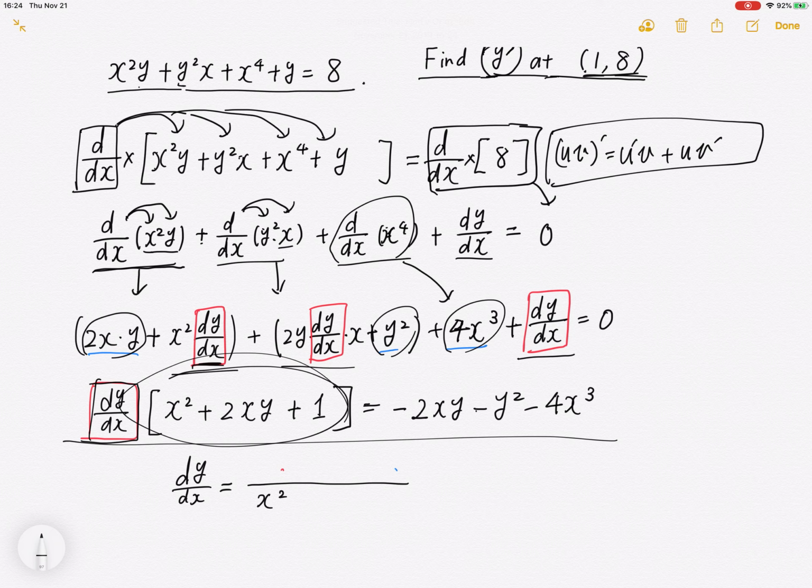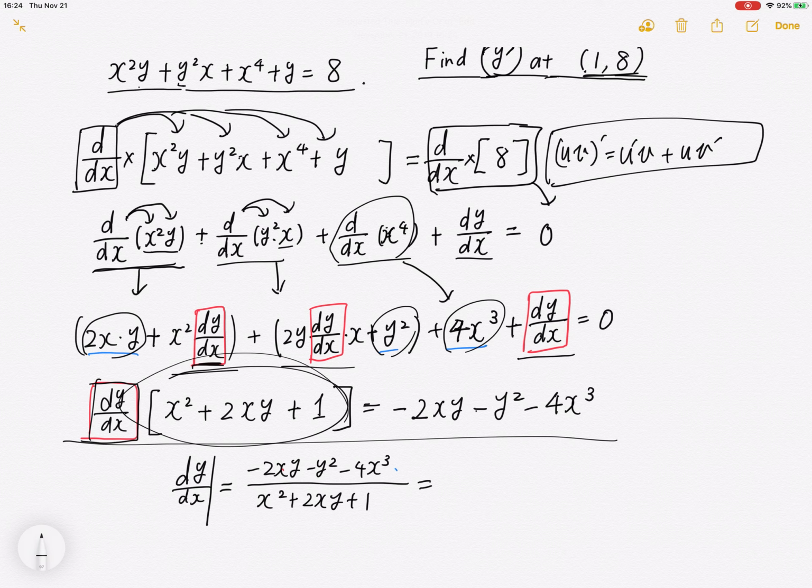So that bracket goes under the fraction, 2xy plus 1, and on the right you have negative 2xy minus y squared minus 4x cubed. It looks complicated, and you feel like simplifying it, but you don't have to, because it will take time to figure out the simplification, or we may not be able to simplify it.